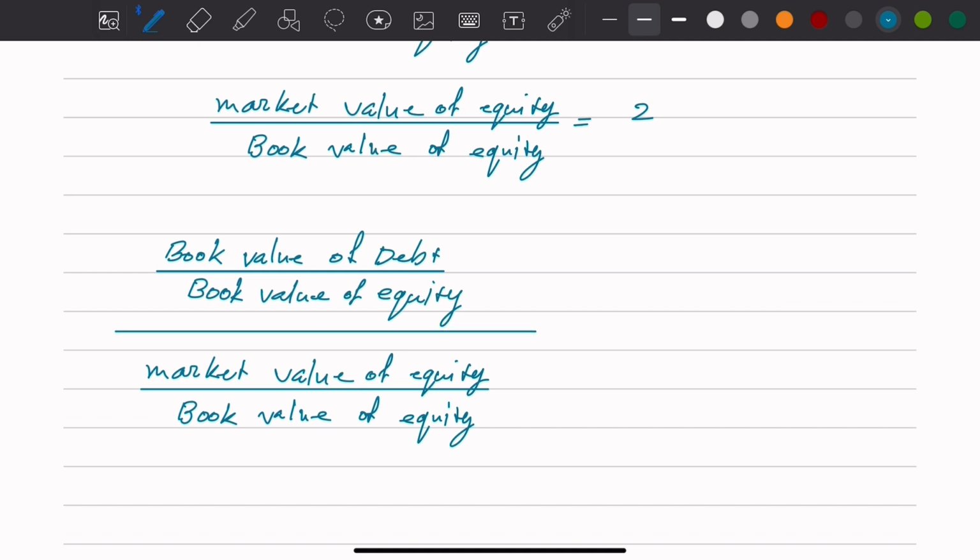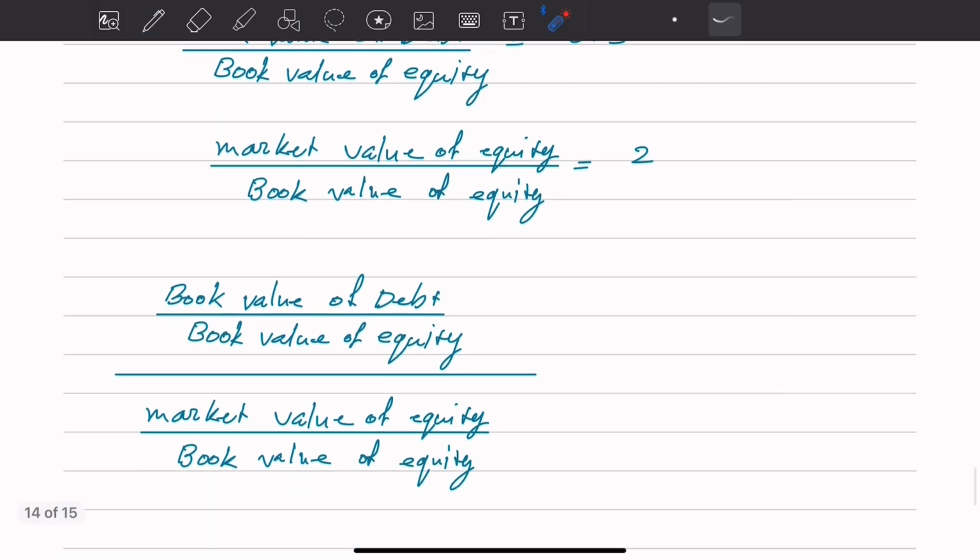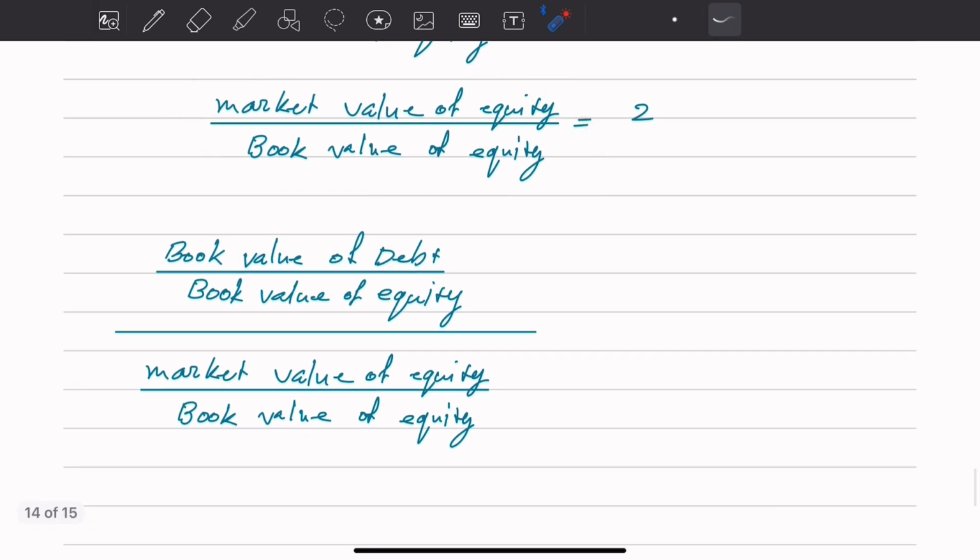If I take this first ratio and put it here and then divide it by the second ratio, I will get book value of debt divided by book value of equity, and all divided by another fraction, market value of equity divided by book value of equity. To solve this mathematically, you take the first fraction and multiply it by the inverse of the second fraction.